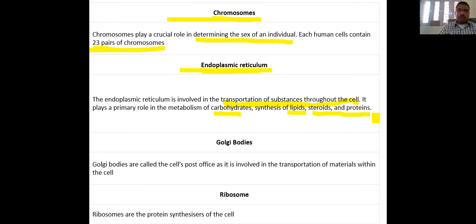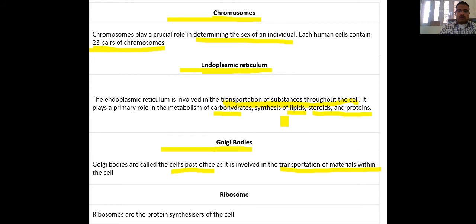And there is another organelle called the Golgi bodies, and these are called the cell's post office. Why is it called the cell's post office? Because of the transportation of material within the cell; all the transportation carried from the endoplasmic reticulum is basically done through the Golgi bodies.